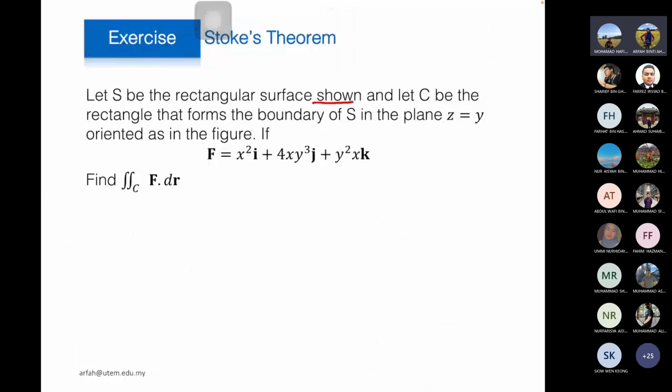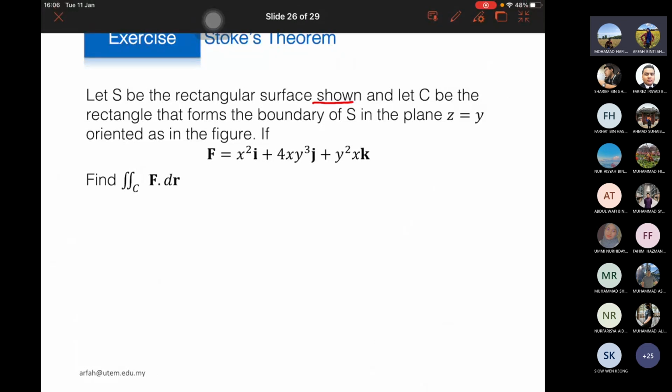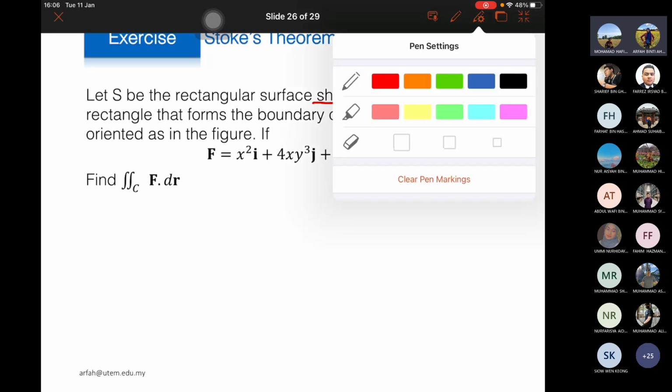And let C be the rectangle that forms the boundary of S in the plane of Z equal to Y, oriented as in the figure. If the vector function F equal to x squared i plus 4xy cubed j plus y squared x k. Find the integration over the curve C of F dr.